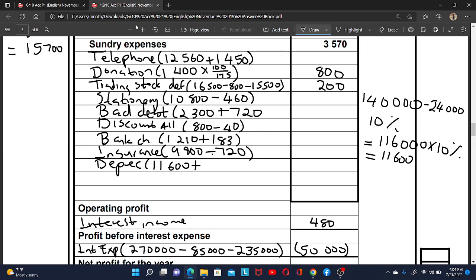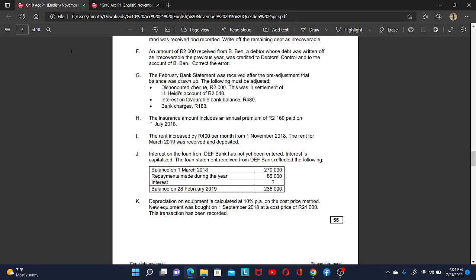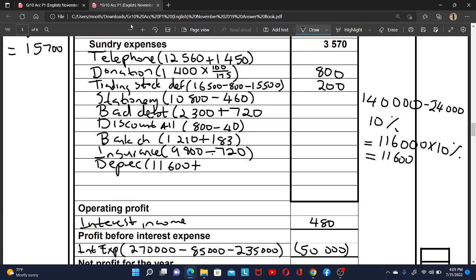And then we have to calculate depreciation for the new equipment that was bought on September. So from September, October, November, December, January, February. So this equipment stayed for 6 months. So the equipment of 24,000 stayed for 6 months. So we're going to say times 10% times 6/12.